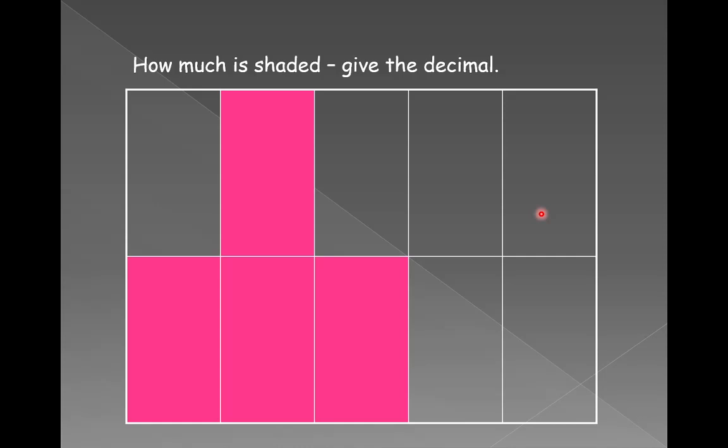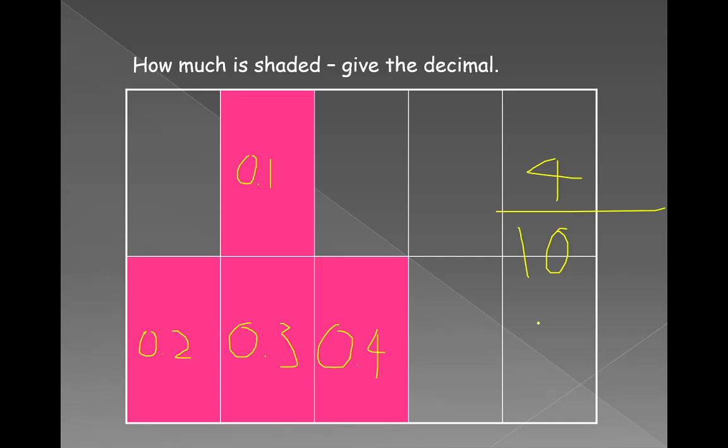Yeah? So, let me change my pen to yellow. Let's add up how many 0.1s we've got. We've got 0.1, we've got 0.2, 0.3, 0.4, or 4 parts over 10 pieces, or 4/10. All exactly the same. 0.4 or 4/10.